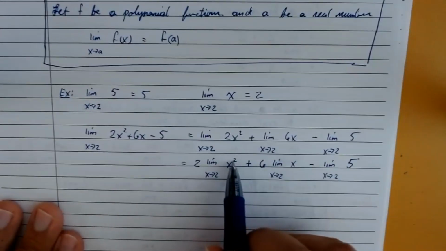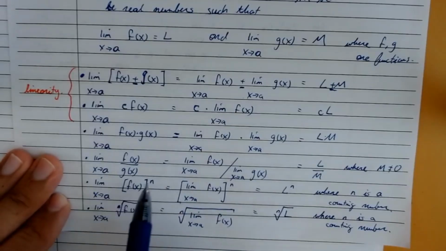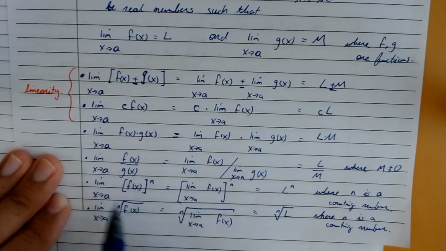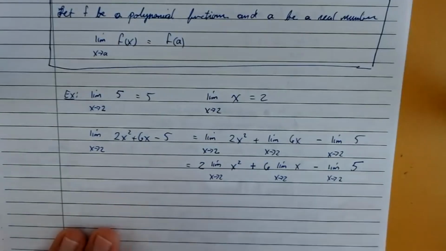Finally, right here, I notice I have a power on this. Oh, but that's one of my other properties. That was not linearity; that's only these two. But I have one property down here that says as long as I have an integer, a counting number, as my power, I can either take the power first and then take the limit, or I can take the limit first and then do the power at the end. So let me just take the limit of x and then square at the end.